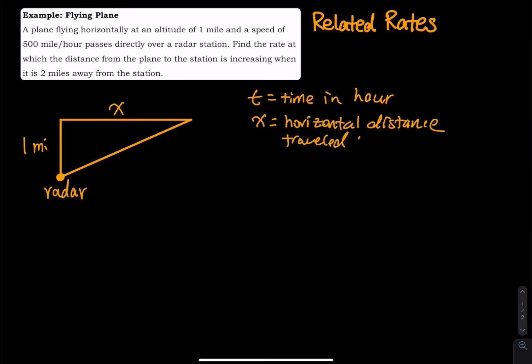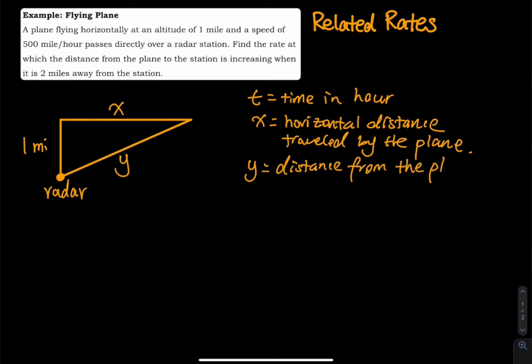And then I also have a y. What is y? Y is the distance from the plane to the radar station. So y is equal to the distance from the plane to the radar or to the station.